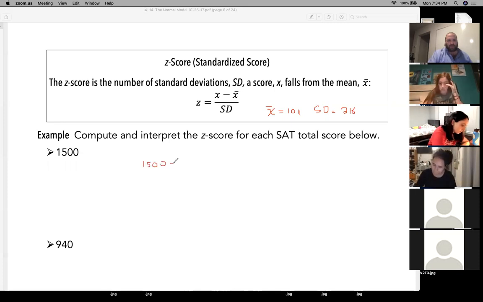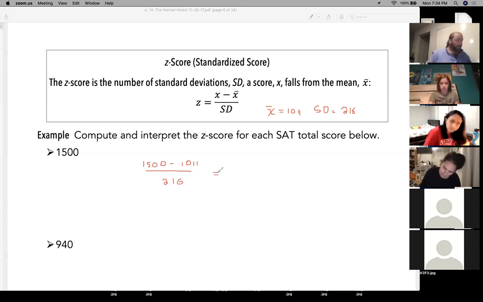You subtract the mean, which is 1,011. And then you divide by the standard deviation, which is 216. And when I do that, I got 2.263. Okay, we'll say 2.26.